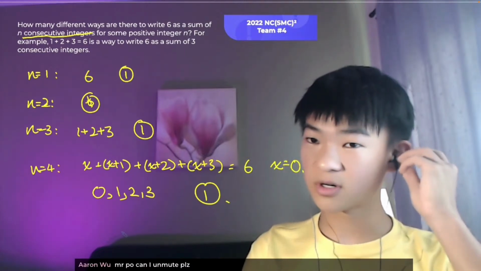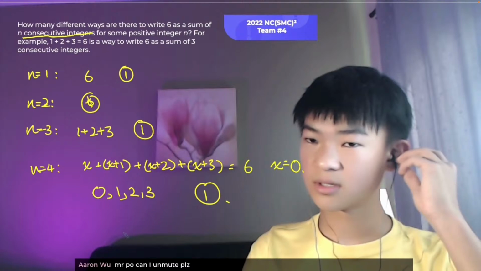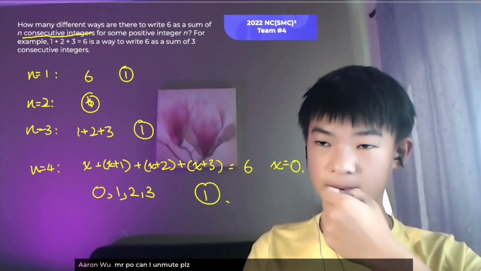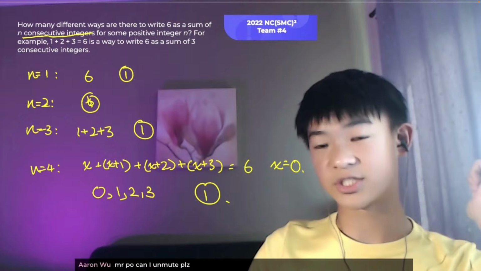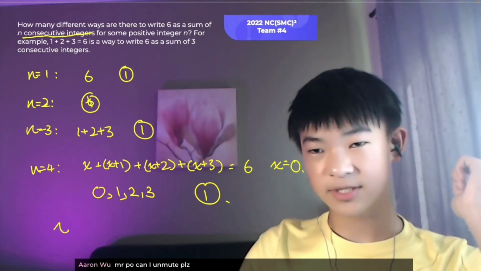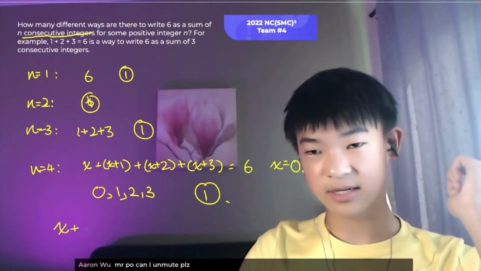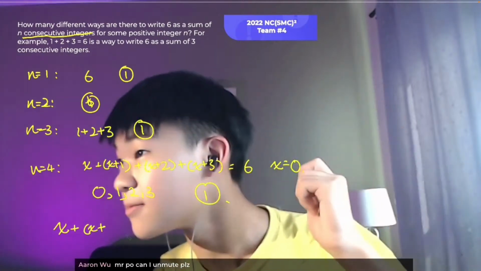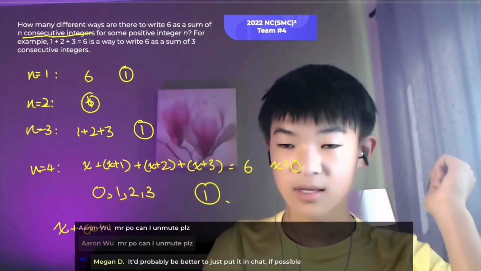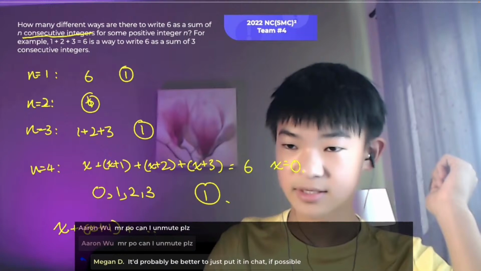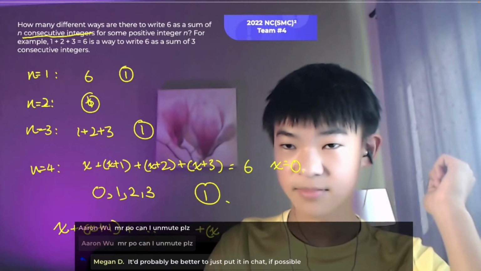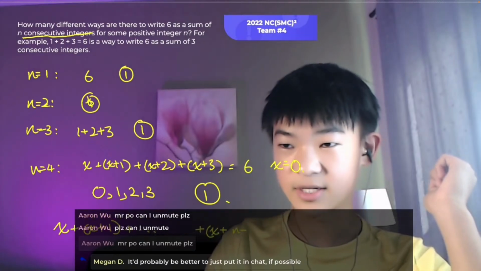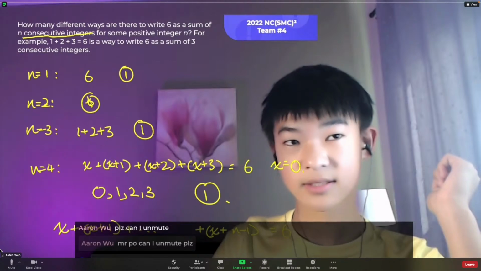So yet another sequence. Now, is there more? Let's see. What if we do this in general? The first term is x, and then the next consecutive term is x plus 1, and then all the way on to x plus n minus 1 is equal to 6.